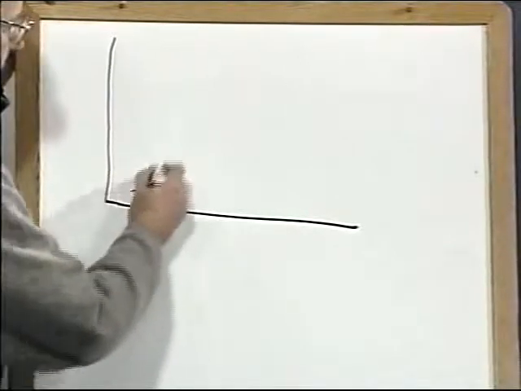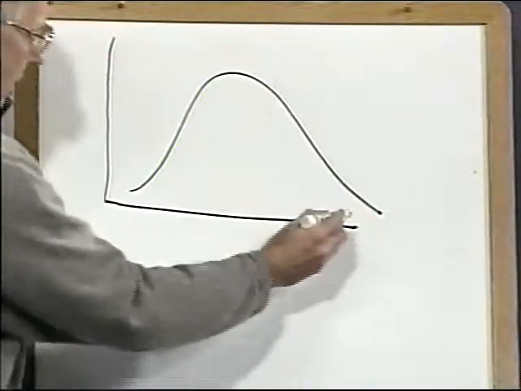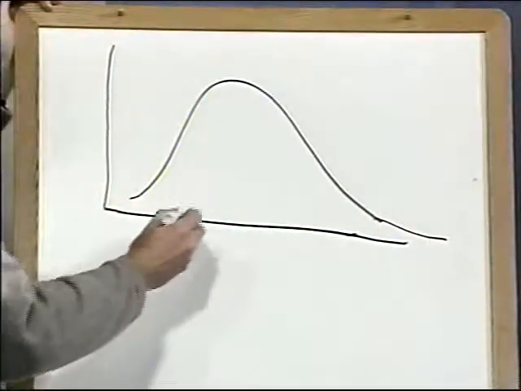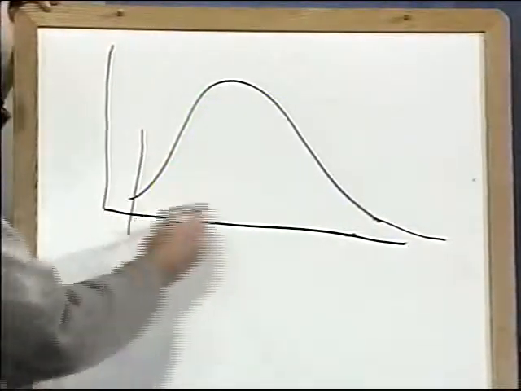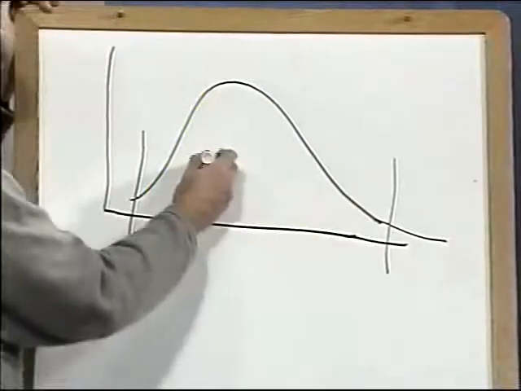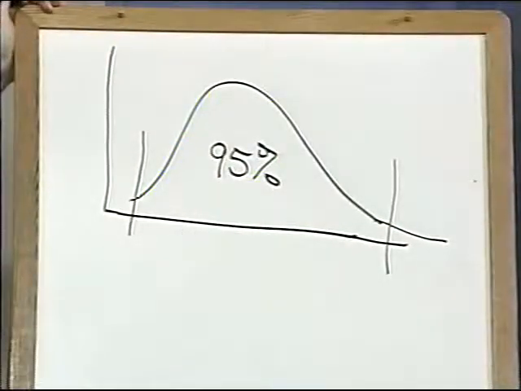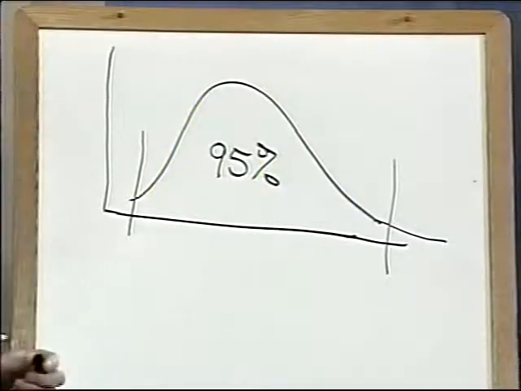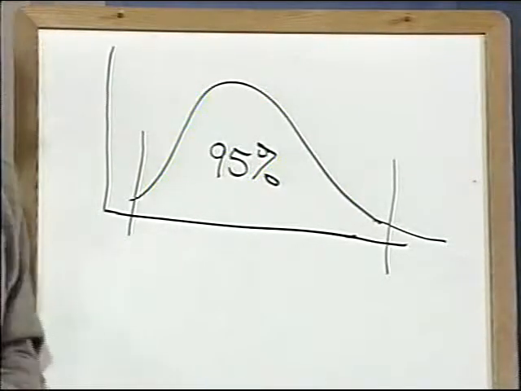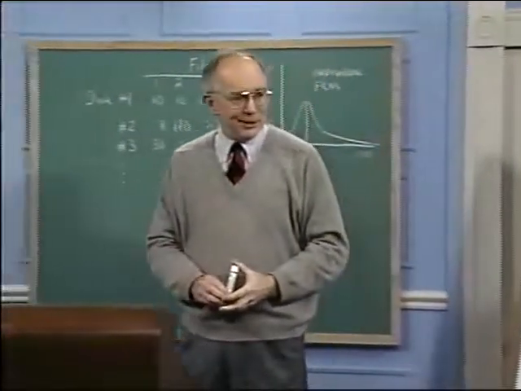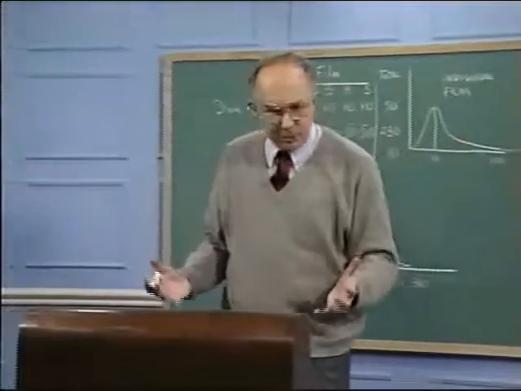Let me just draw the distribution, maybe it looks like this. There are some very remote values out here. What I want to do is slice off the tail so that what I have left is 95% of the probability. And so what I'm saying is that 95 times out of 100, I will be in this range. And I might be able to sleep at night.